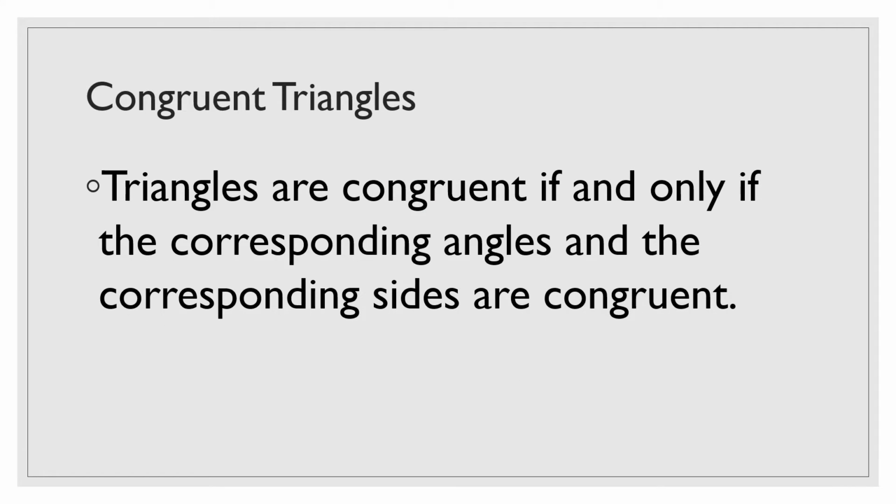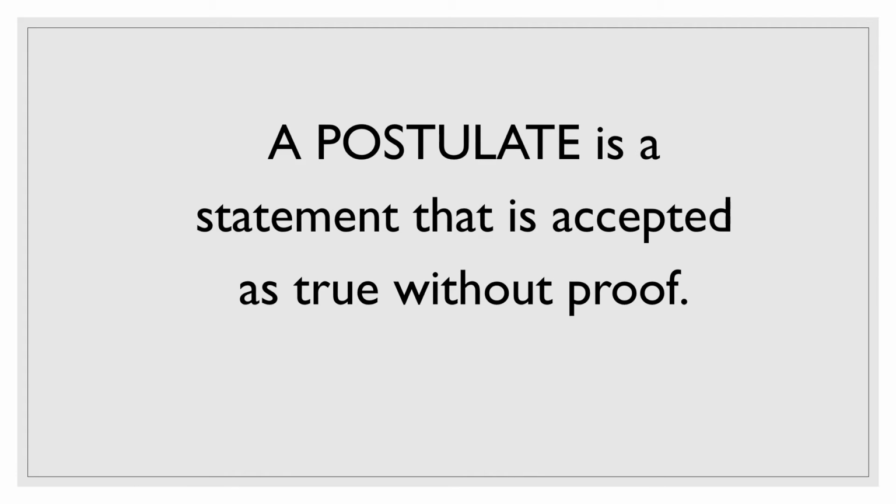We also have discussed congruent triangles. In the previous video, we have learned that triangles are congruent if and only if the corresponding angles and the corresponding sides are congruent. Let us also recall that a postulate is a statement that is accepted as true without proof.